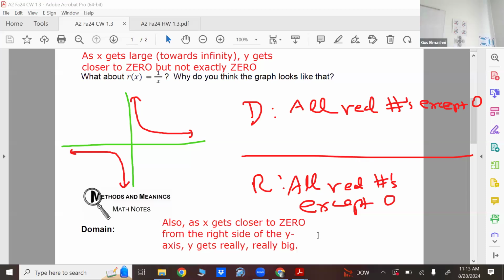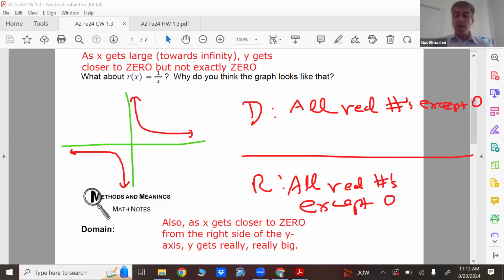Think about it. Give me a value of x close to 0. 0.2. Perfect. Go even smaller. 0.1. Go smaller. 0.001. Right.